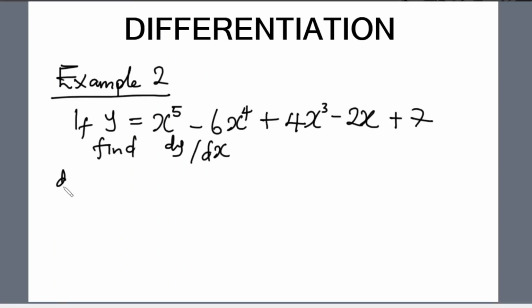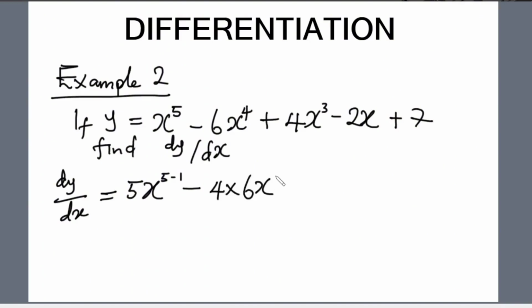Now, dy all over dx equals, you multiply x by the power, which is 5x, and then subtract 1 from the power, which is 5 minus 1, minus, you multiply x by the power, which is 4 multiplied by 6x, and then subtract 1 from the power, which is 4 minus 1, plus, you multiply x by the power, which is 3 multiplied by 4x, subtract 1 from the power, which is 3 minus 1, minus, here we have 2x raised to the power 1.